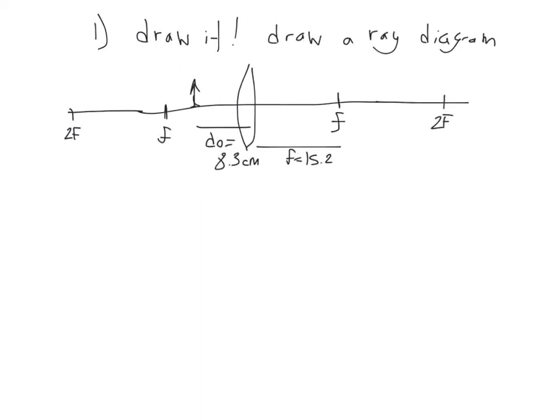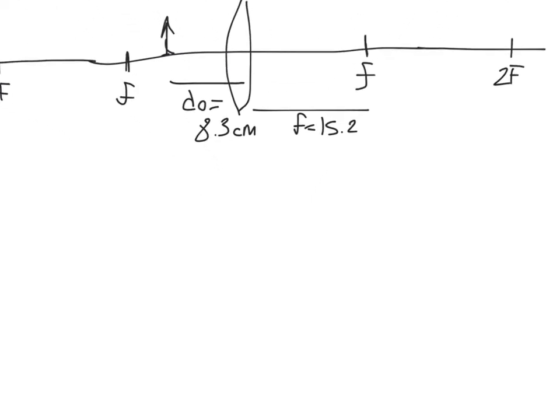So I'm just going to take the formula and put my answers in. So 1 over f, where f is 15.2, is equal to 1 over di, I guess, is what we were trying to find, plus 1 over do, where do is 8.3.